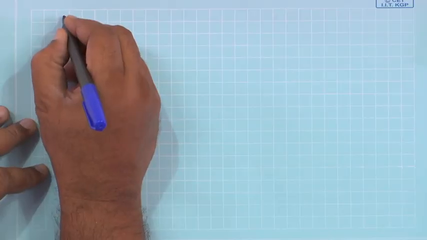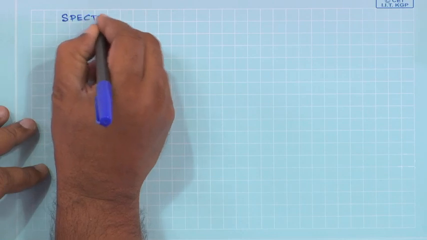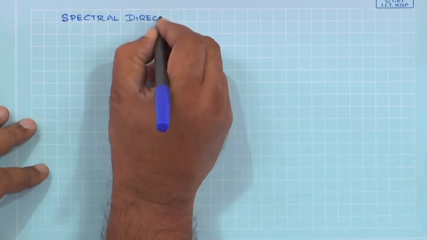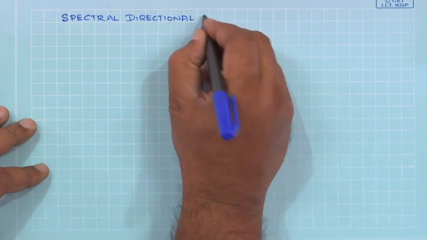So, what we start with is a relation which is spectral directional emissivity.